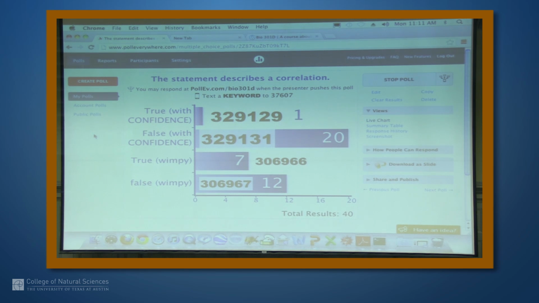We didn't go over this one Friday, and you still got it right. Mostly. I guess there is no correlation.